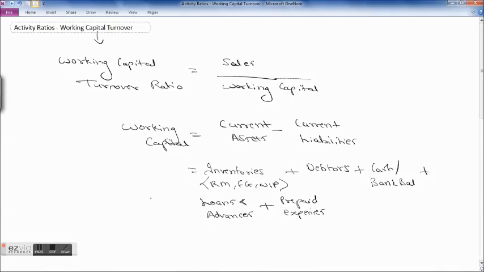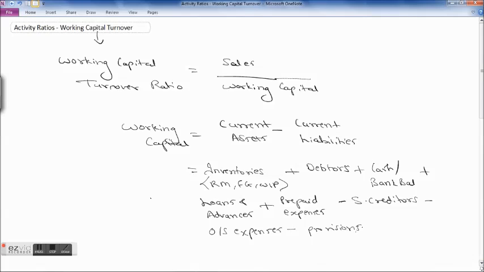Minus current liabilities. So what does current liability include? Current liability will include your sundry creditors, also known as accounts payable, then your outstanding expenses, then your provisions. Basically all assets and liabilities which fall due in the period of 1 year are included in current assets and liabilities.